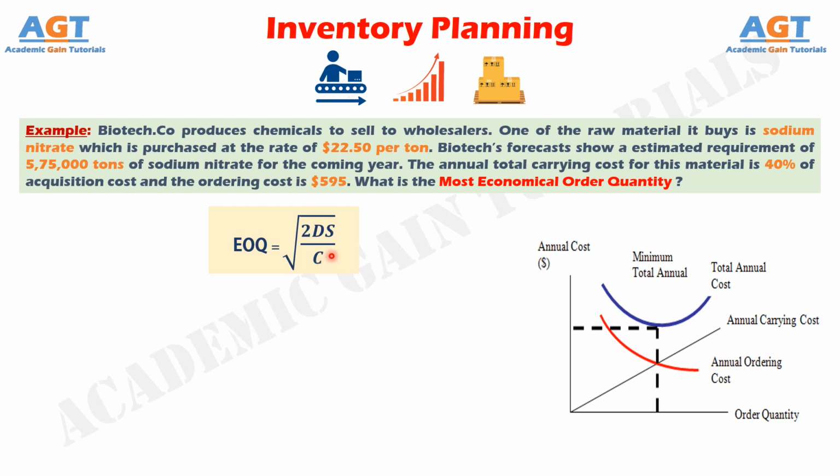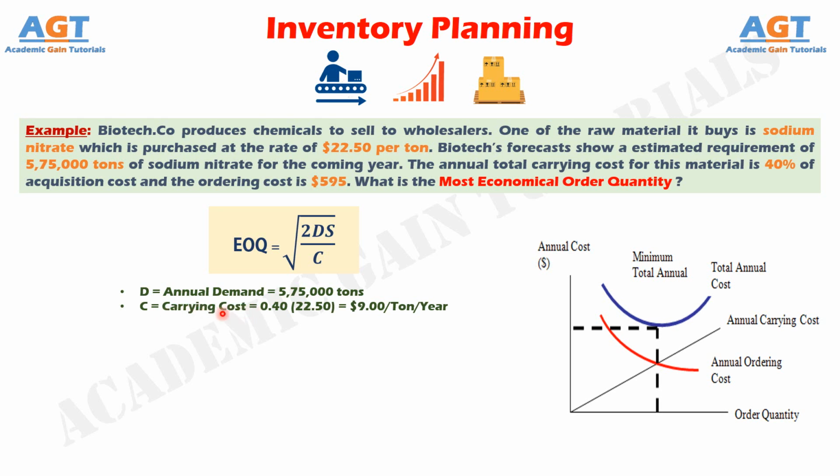So, let's see what information we already have in the question. Here we have the annual demand of 575,000 tons. The annual total carrying cost for this material is 40% of acquisition cost. Here we have the acquisition cost or purchasing cost of $22.50 per ton. So, 40% of this acquisition cost is our carrying cost for this material per unit.